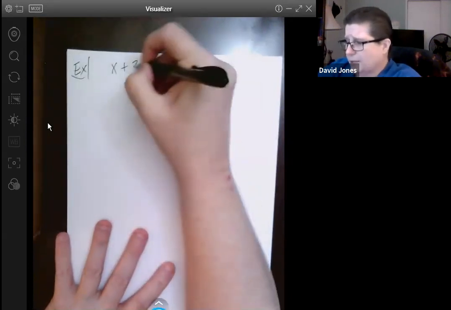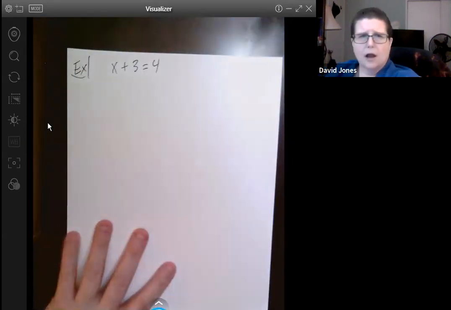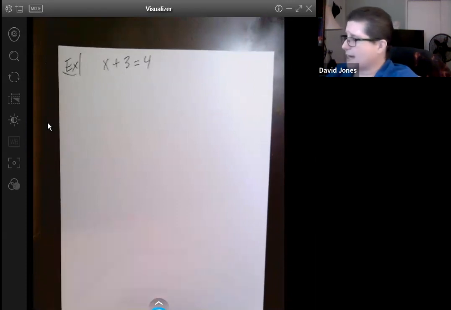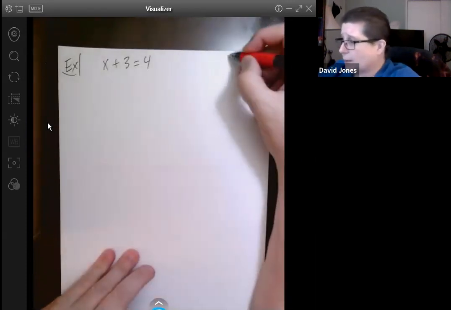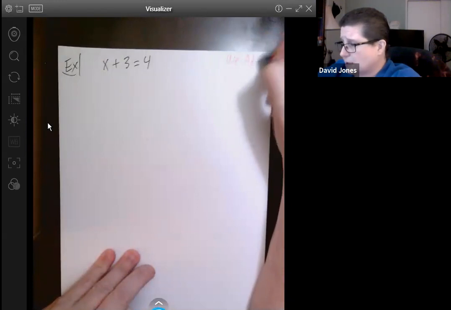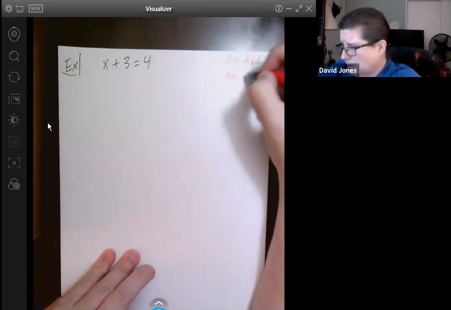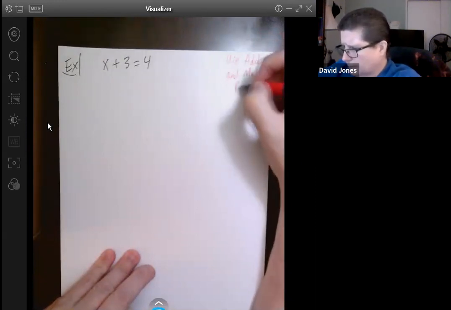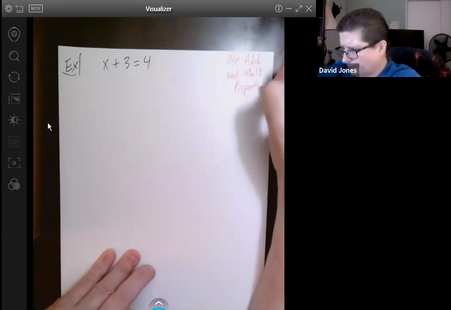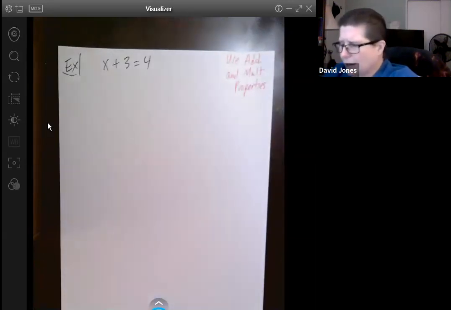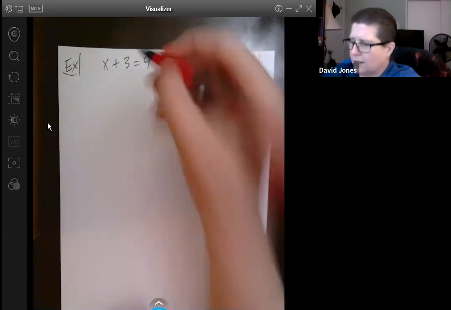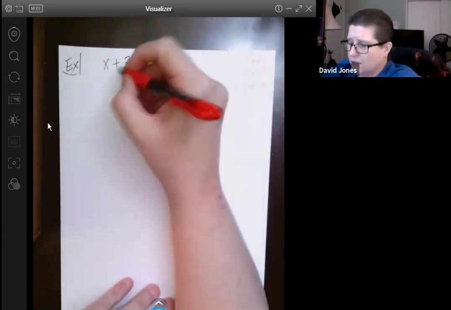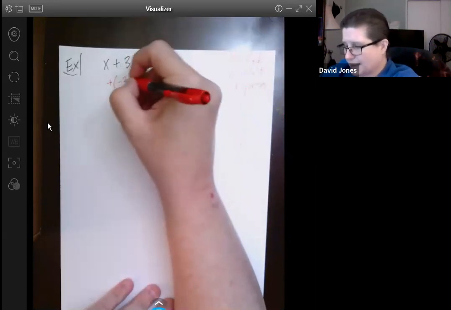x plus 3 equals 4. We're going to use the properties we just had, the addition and multiplication properties. If I want to get x by itself, I really need to make that 3 on the left side equal 0, so I can add its opposite.